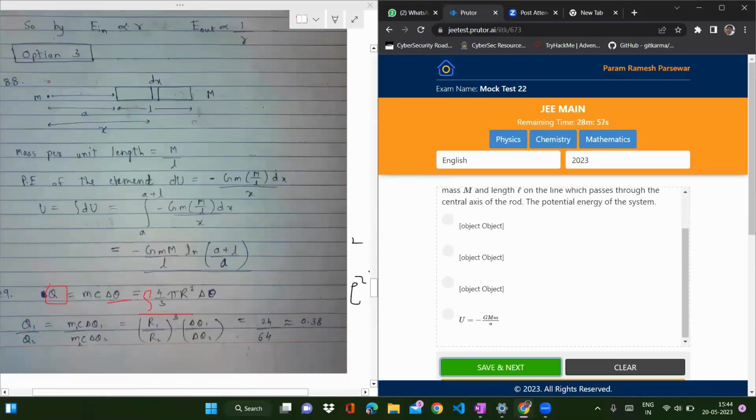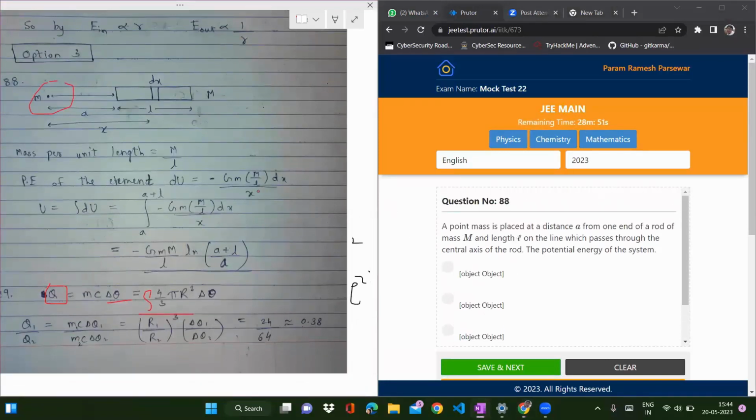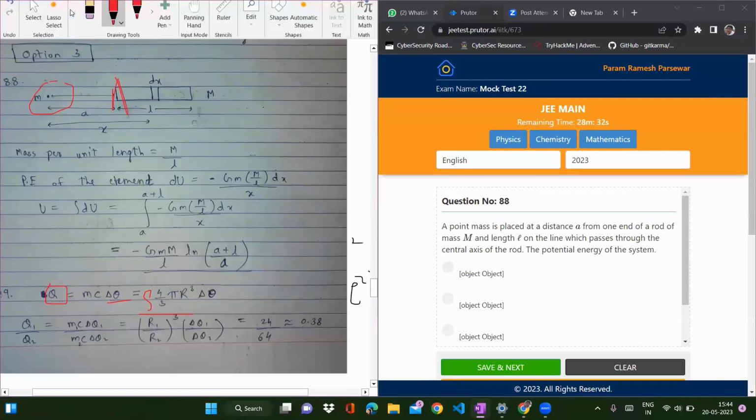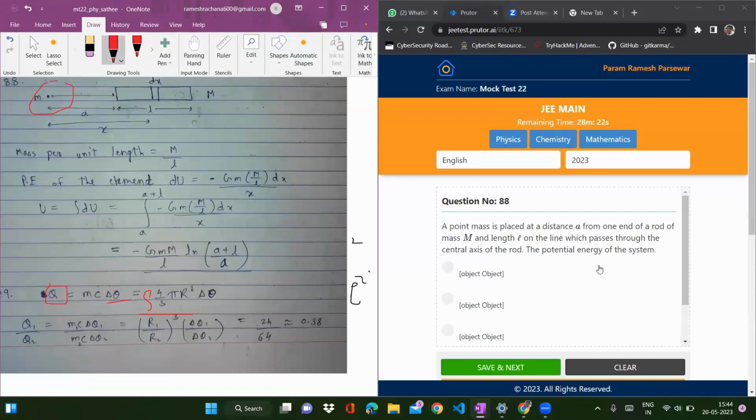So we have a point mass here, and we have a rod of length L and mass capital M. Along the axis which passes through the central axis of the rod, the small point mass m is kept, at a distance A from one end of this rod. Then the potential energy of the system is asked.